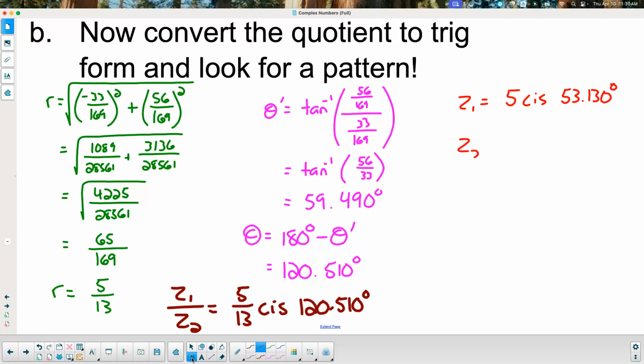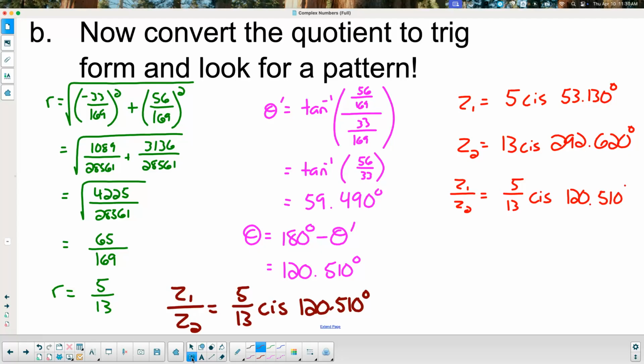Z sub 2 would be 13 CIS 292.620, and now the quotient z sub 1 divided by z sub 2 is 5 over 13 CIS 120.510 degrees.